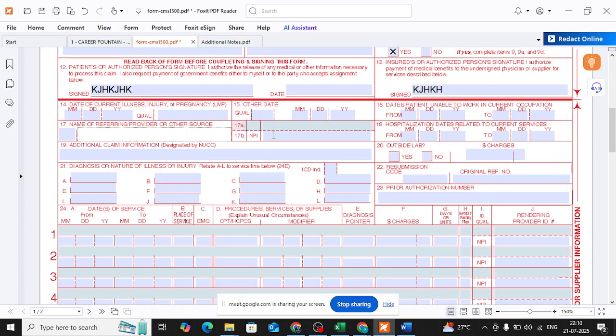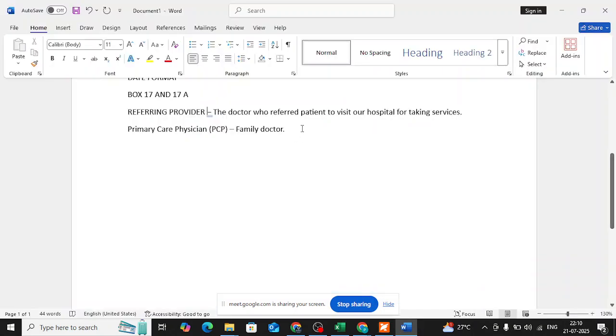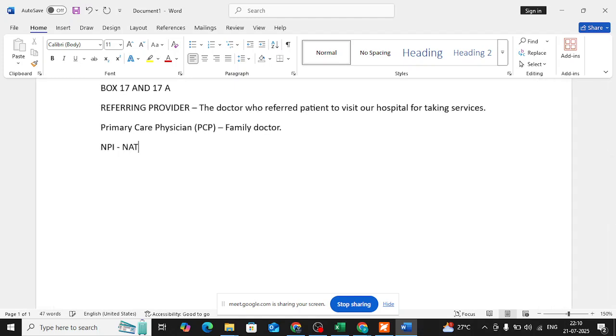Okay, and second thing is the NPI we have to enter. So what is meant by NPI? Don't worry guys, all these things will be there in our notes. So it is the National Provider Identifier, a 10 digit number, and every provider will get that.